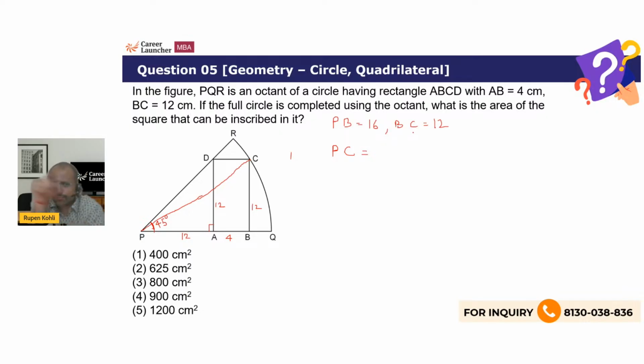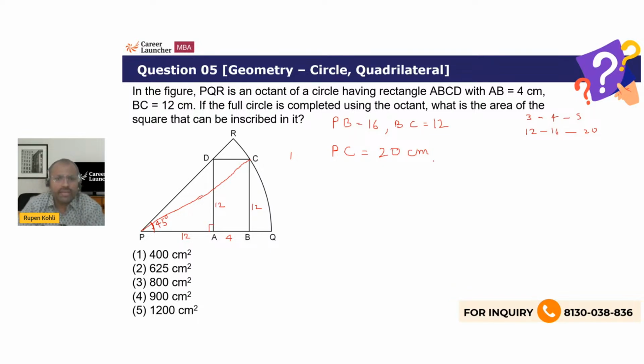So it's a 3, 4, 5 right angle triangle, which is 4 times. So it's actually 12, 16. So 3 into 4, 4 into 4, 5 into 4, 20. So your radius PC becomes 20 centimeters. So that's the crux of the problem, to decode the radius.